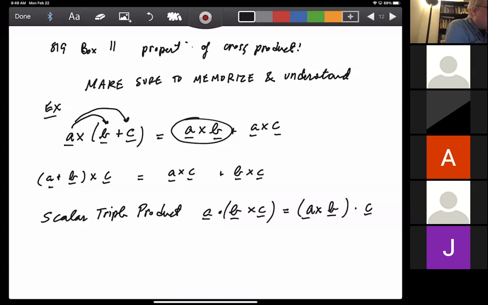It turns out that the scalar triple product of three vectors, either one of these two, is really the 3×3 determinant of the entries of the three vectors that we're dealing with. And because of that, there's actually a direct geometrical interpretation of the scalar triple product.